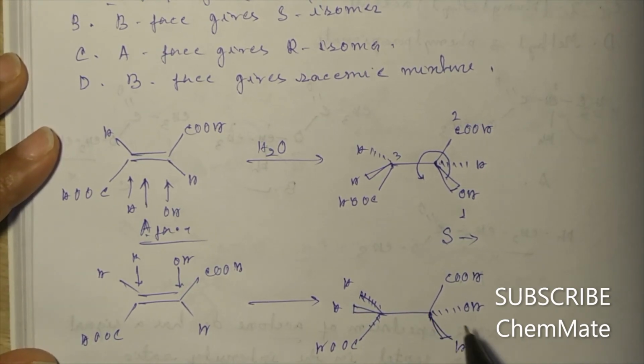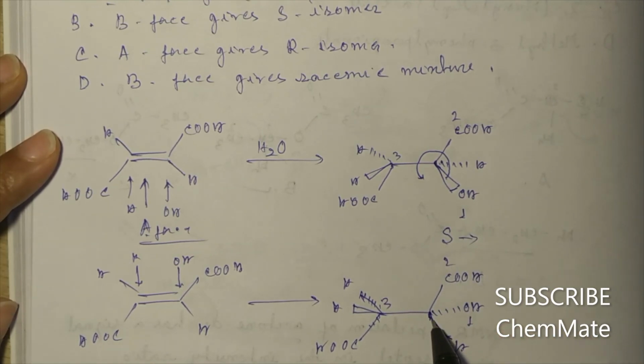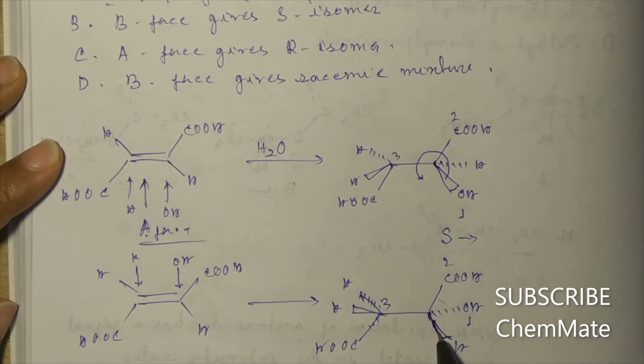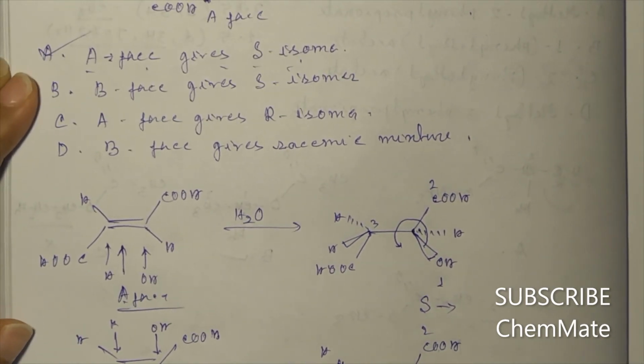Now this chiral center, this is 1, 2, 3. Now hydrogen is above the plane, so our eye is rotating 1, 2, 3 in anti-clockwise direction, that means the configuration is S. But as the hydrogen is above the plane, if we keep the hydrogen below the plane, then the configuration will be R. So it has the configuration R. So statement A is correct.